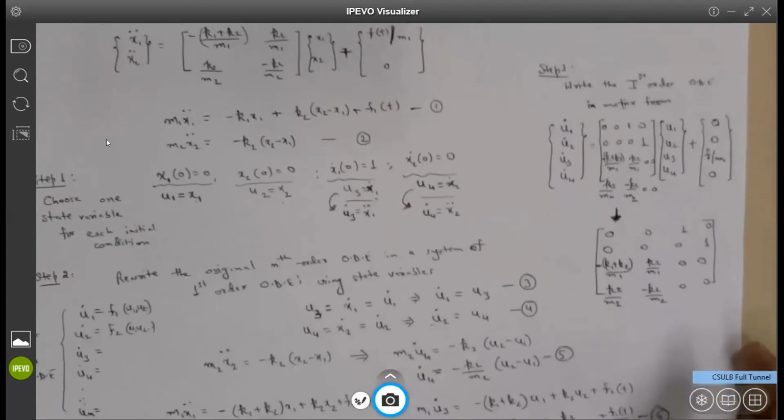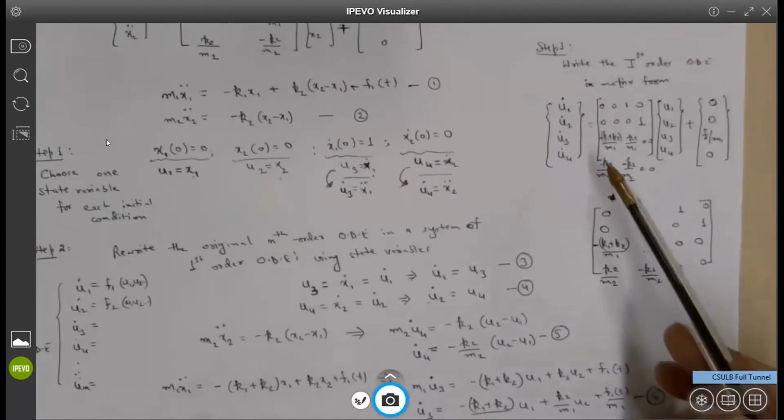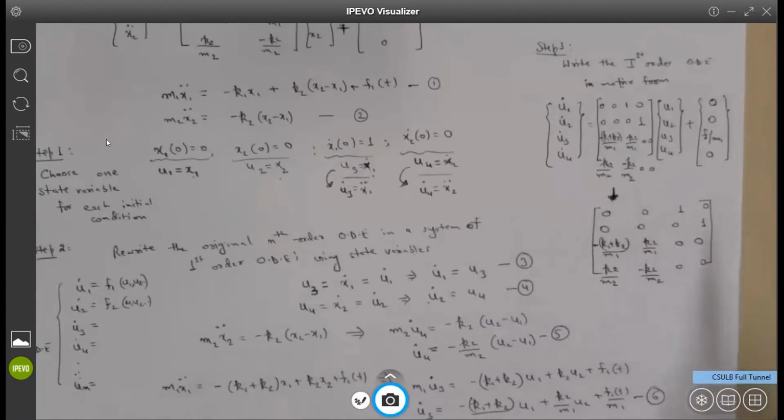Okay, it should be more readable than the first one. Yes. So is everybody following what we are doing here?